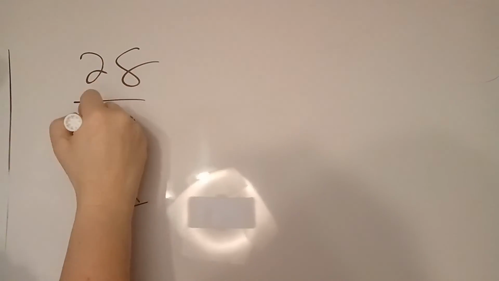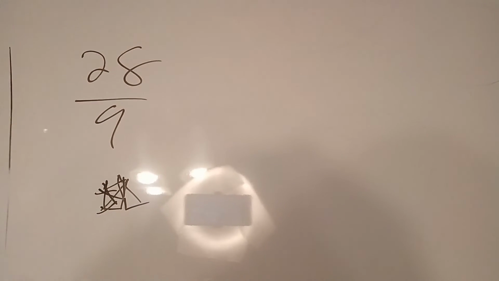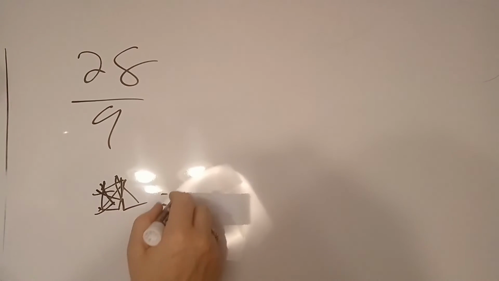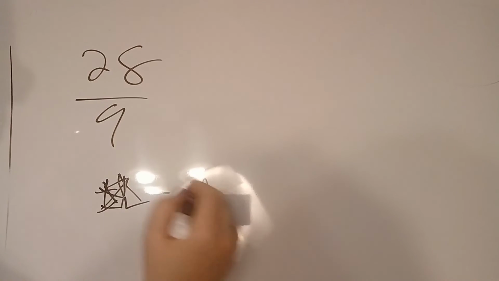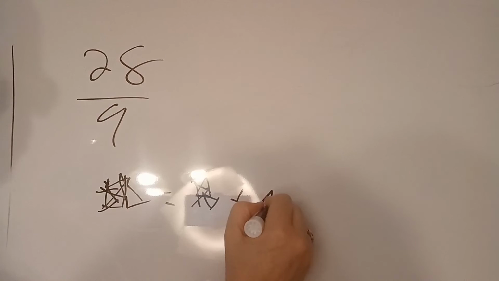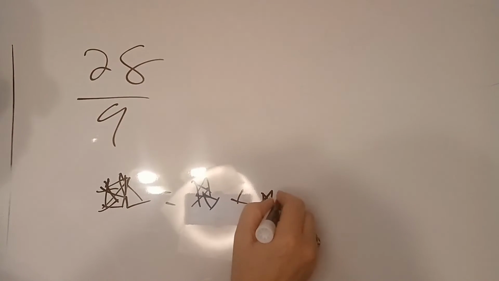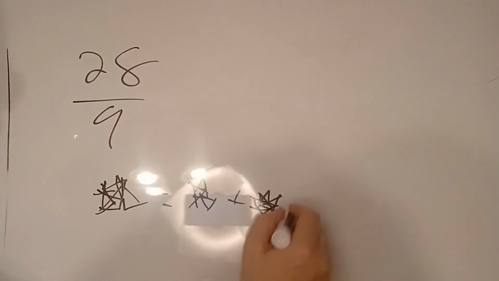If we have 28 little pieces that are 1/9 in size, we got all these little triangular pieces here. What we're going to do is make a pile of 9 of them. So we're going to take them from this pile and just make little piles of 9, until we can't anymore.